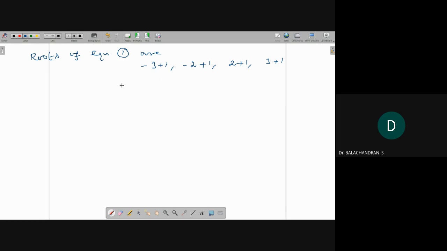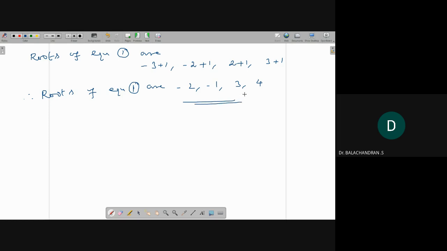So the roots of the given equation are minus 2, minus 1, 3, and 4.